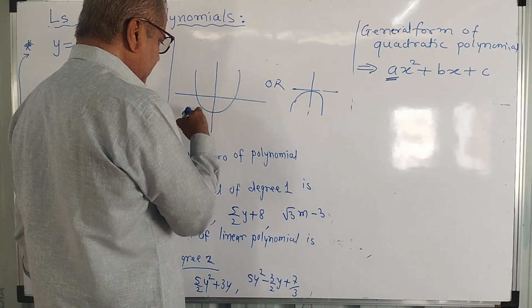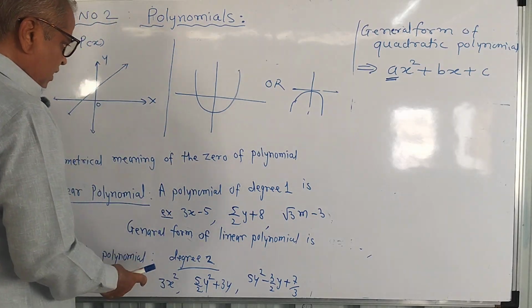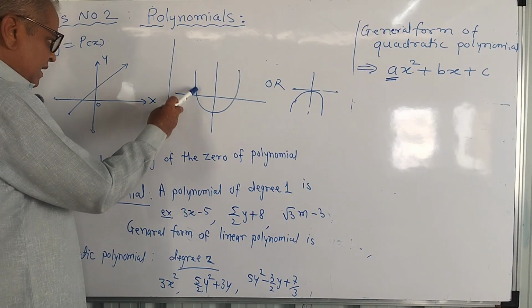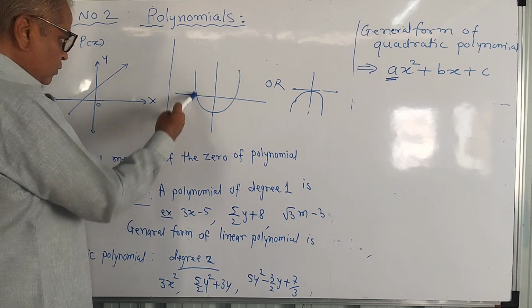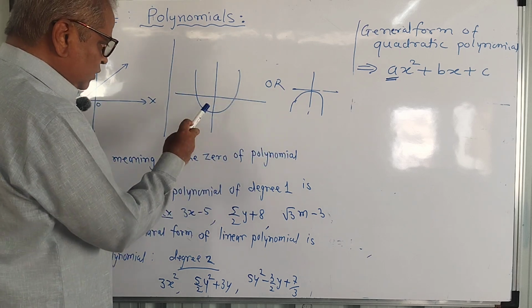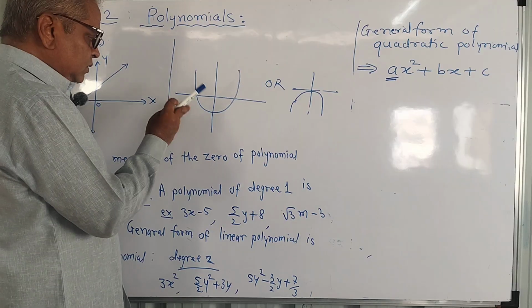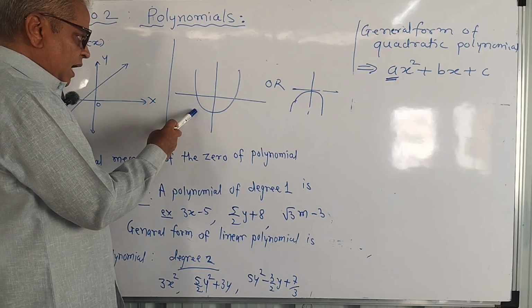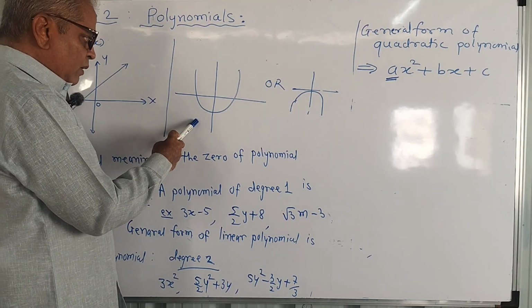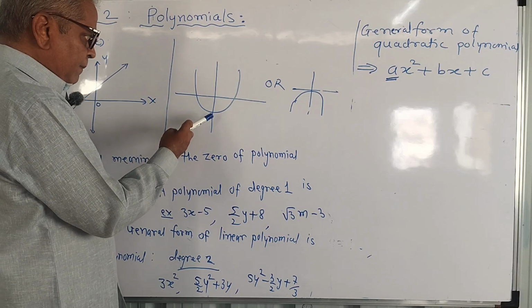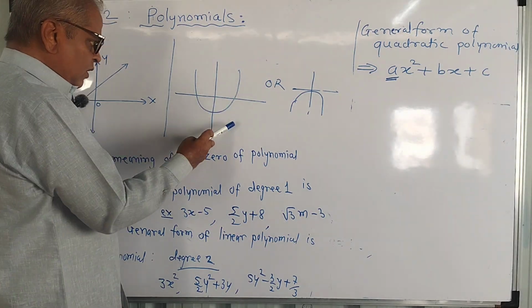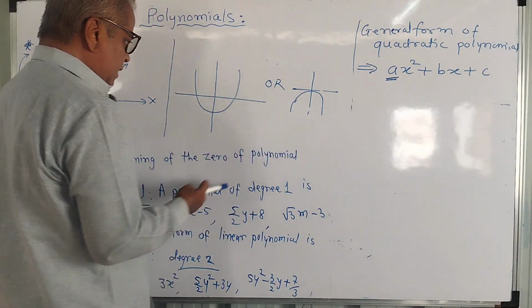So the shape of the graph for quadratic polynomial is like this, u, or upside-down u. So this is called parabola. The shape of the graph for quadratic polynomial is parabola, maybe opening upward or maybe opening downward.